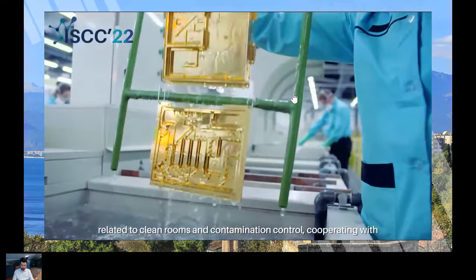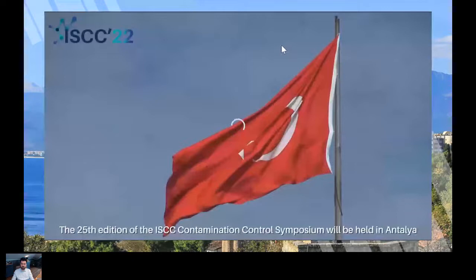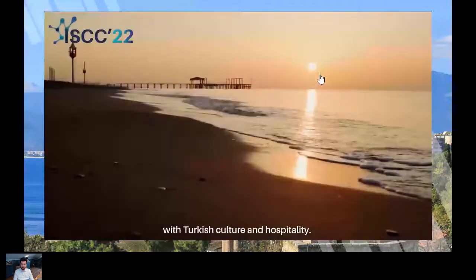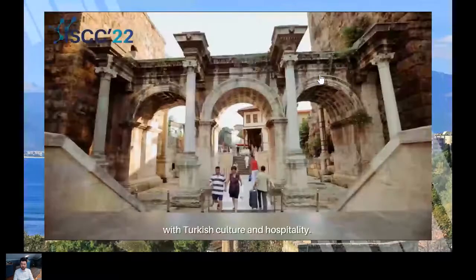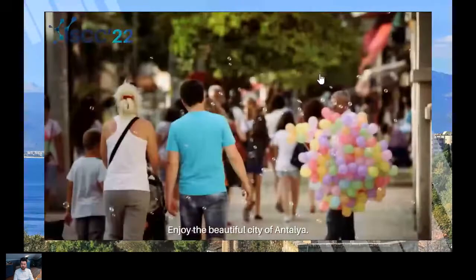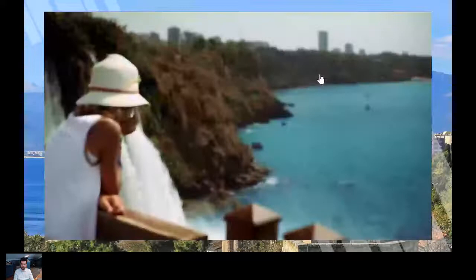Cleanroom Technology Society of Turkey was founded with the purpose of meeting the educational demands of people working in fields related to clean rooms and contamination control, cooperating with international institutions about the standards of the sector and making news and developments of the industry accessible to everyone. The 25th edition of the ISCC Contamination Control Symposium will be held in Antalya by Cleanroom Technology Society of Turkey.